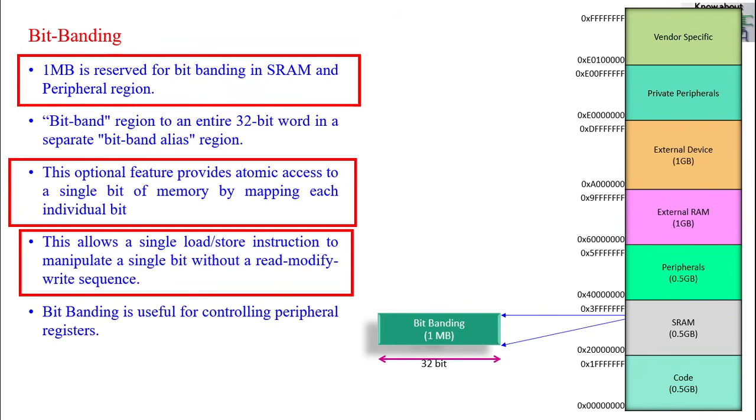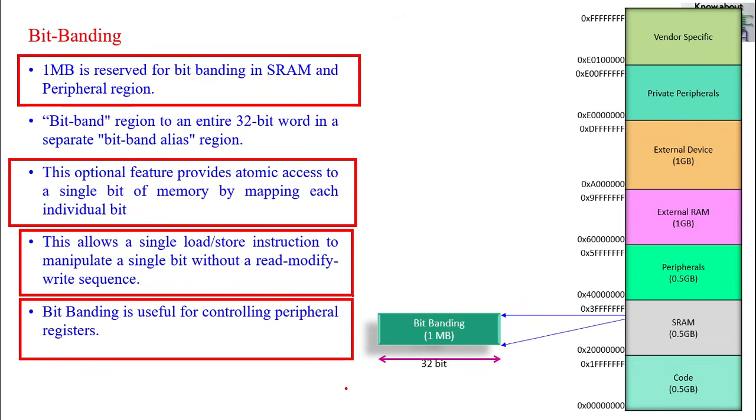Bit banding also helps our microcontrollers, because most of the time we work with bitwise operations. Sometimes we do a single bit, sometimes 2 bits, and so on. So this helps in microcontroller programming to control different operations.